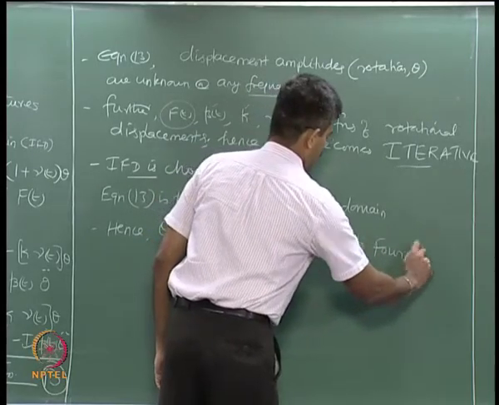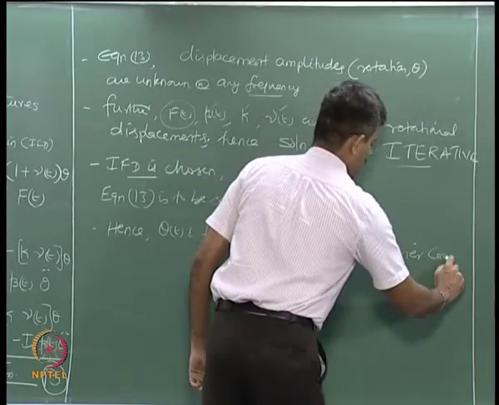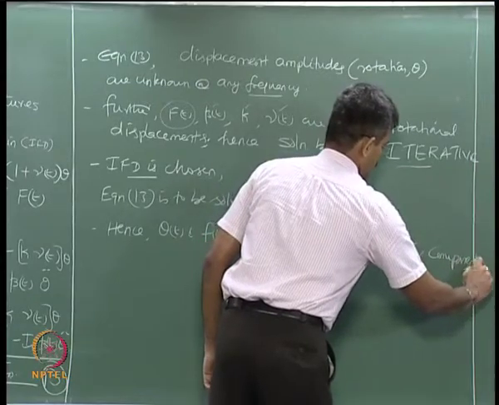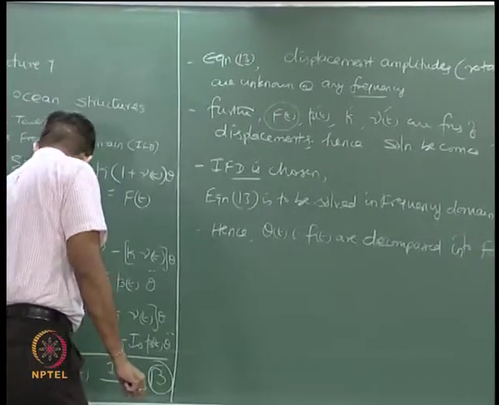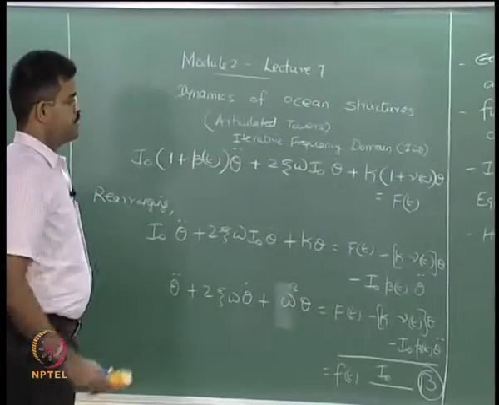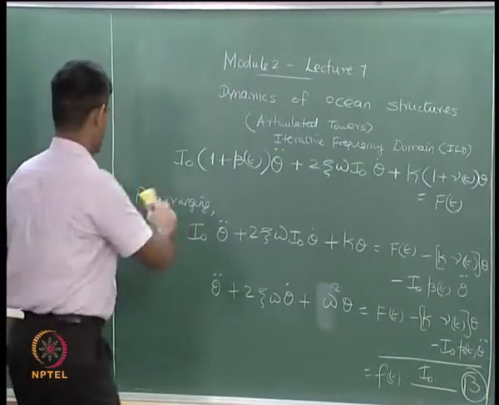The moment I say Fourier components, then they will have cosine and sine values and a fixed amplitude. So, let me write those values here.